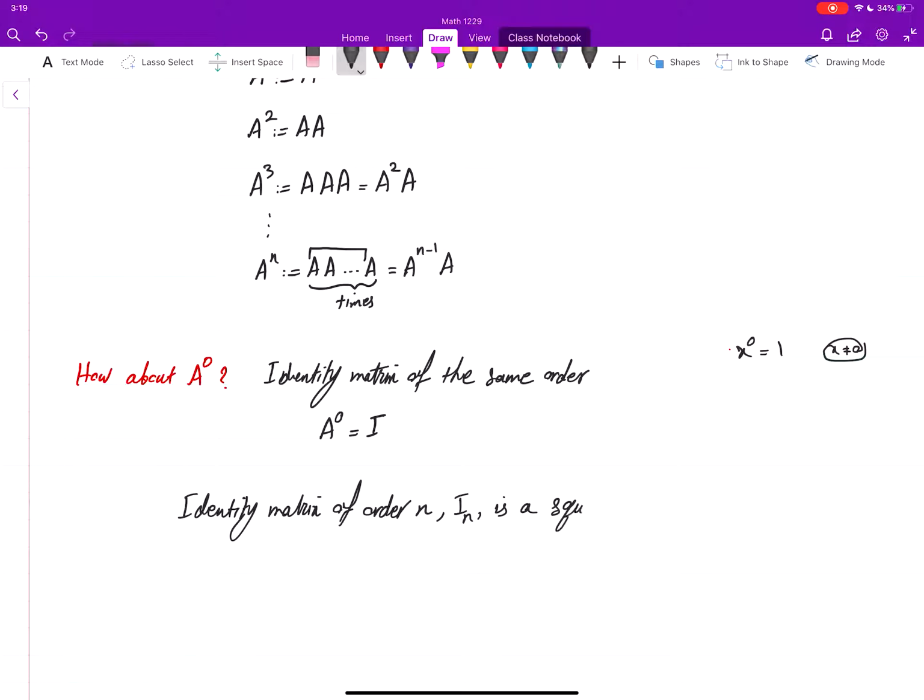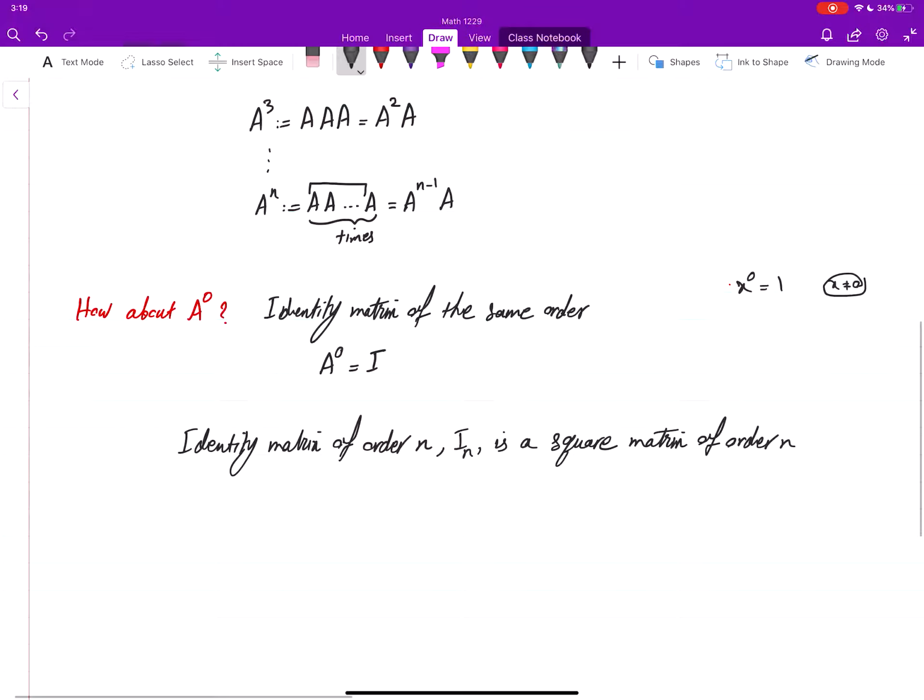First of all, it is a square matrix of order n, so it's an n by n matrix, and if the row and column numbers are the same, the entry there is equal to 1. If they are not the same, it is 0.